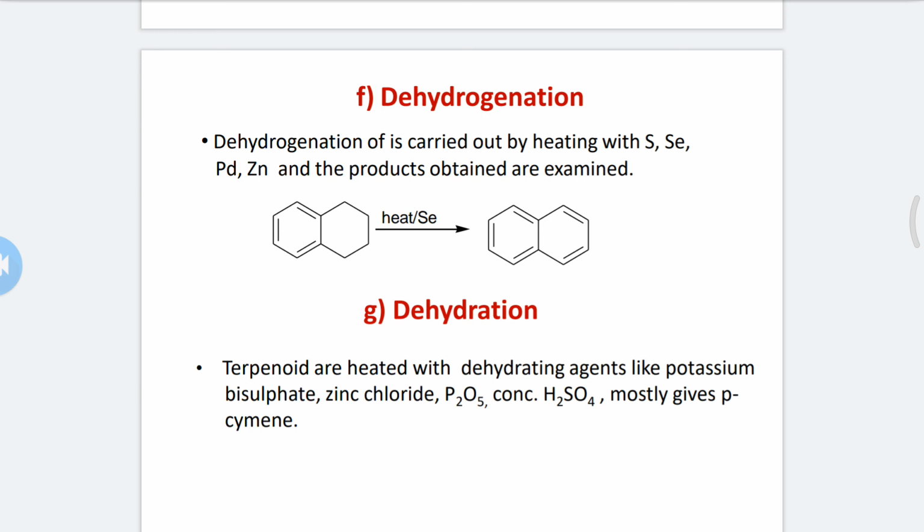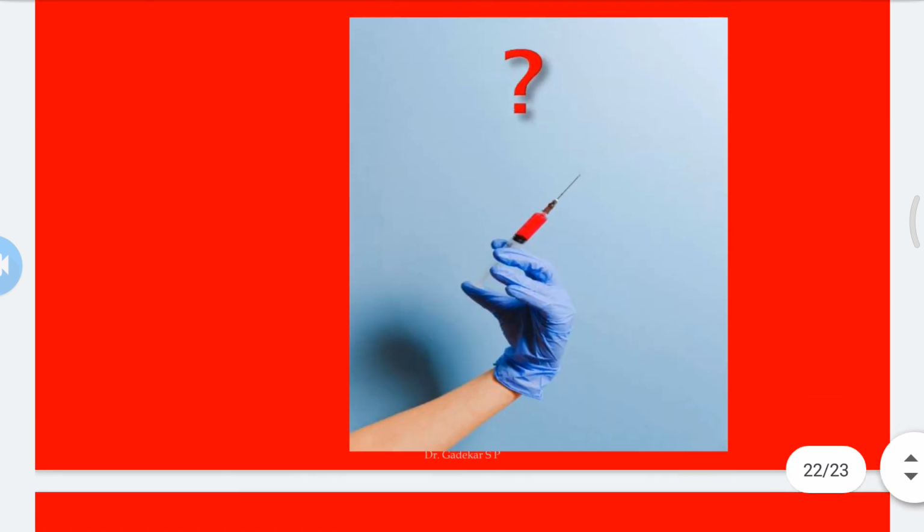For example, terpenoids are heated with a dehydrating agent like potassium bisulfate, zinc chloride, P2O5 or concentrated H2SO4, and we confirm the terpenoid structure. So these are the dehydrating agents we use, such as potassium bisulfate, zinc chloride, P2O5 and concentrated H2SO4, and the product is mostly p-cymene.